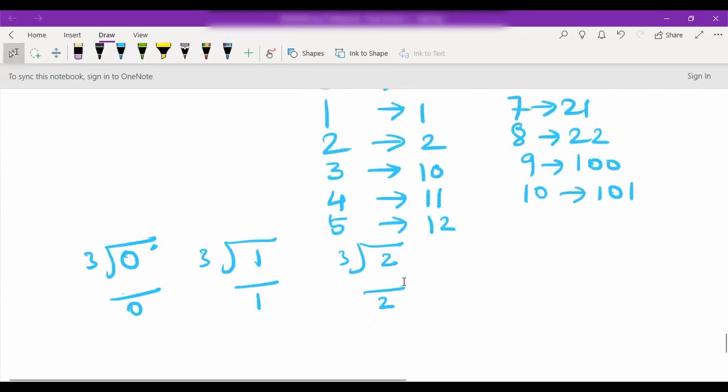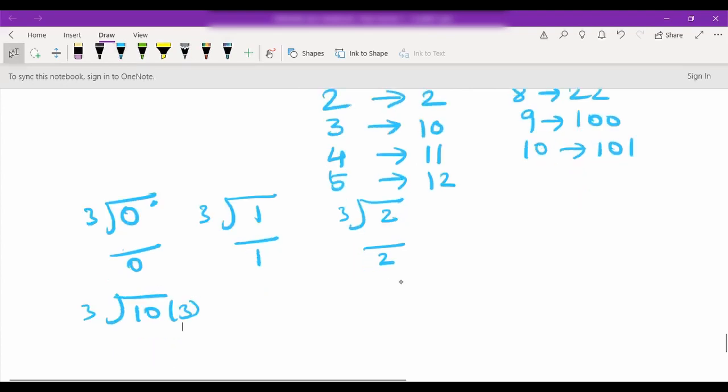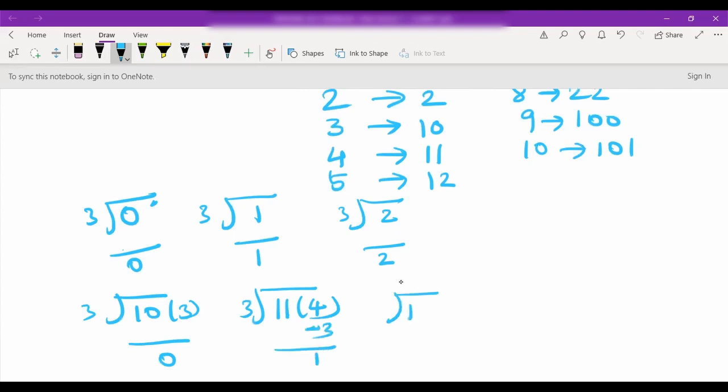When number 3, which is nothing but 10, is divided by 3, your remainder is 0. Number 4, that is 11, when divided by 3, your remainder is 1. When number 5, that is 12, is divided by 3, we will get the remainder as 2.